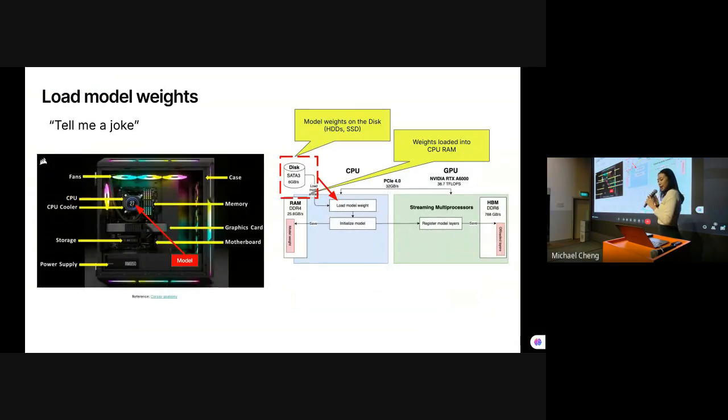So when we say a prompt of, for example, "tell me a joke," the first thing that happens is that the CPU makes a function call to get these model weights from the disk. The layers that we talked about just now, those are the weights that are stored on disk. And then this is loaded into the CPU RAM. So we're on this side of the load model weights and initialize model.